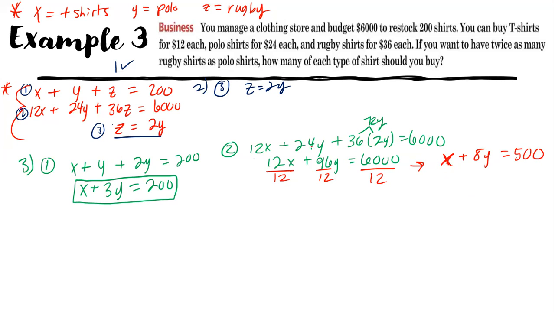So you can either work it like this, or you can simplify it and work with smaller numbers. Again, 100% up to you. You don't have to have the added step, but if you see that there's a greatest common factor between all three terms, you can go ahead and divide that common factor out and work with a smaller number.